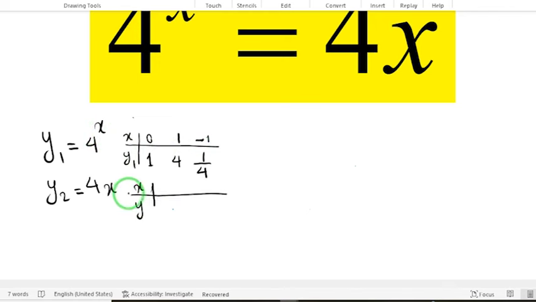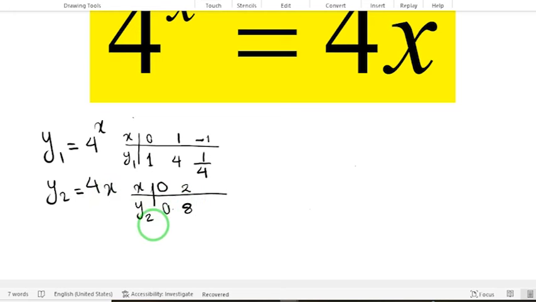In the second relation, when, for example, x is 0, 4 multiplied by 0, y2 is 0. If, for example, x is 1, we get 4. If x is 2, 4 multiplied by 2 gives us 8.